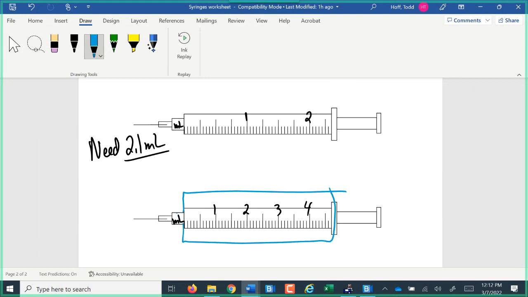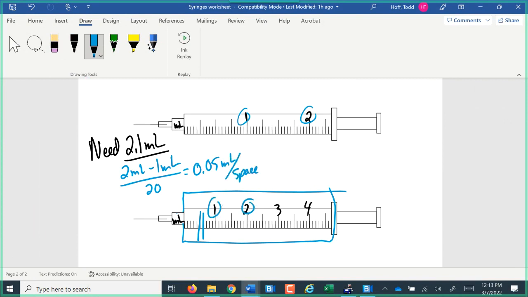Now that width is significant because that means that from here to here, one spacing on the syringe is more volume, just like we figured out. Up here, we go from 1 to 2, so 2 milliliters minus 1 milliliter, over, there are 20 spaces there. That's 0.05 milliliters per space.